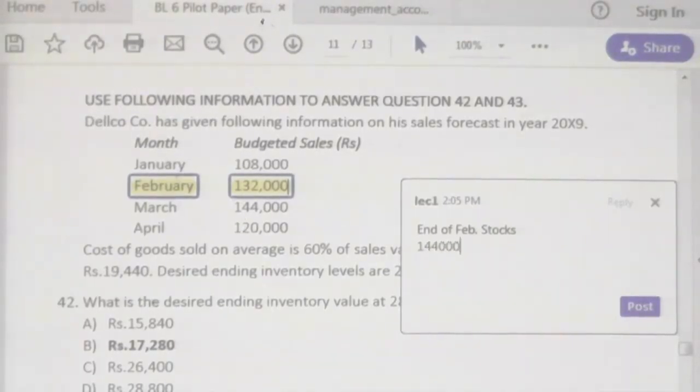This 144,000 represents the sales value, not the cost. Now 20% of this will be the closing inventory for February. How much is 20% of this? That is 28,800.